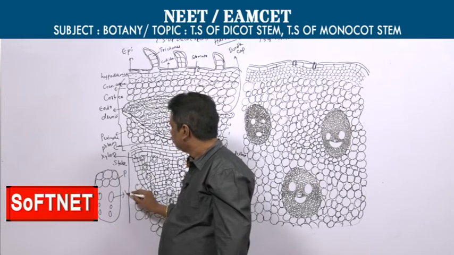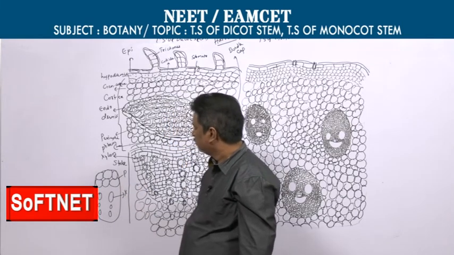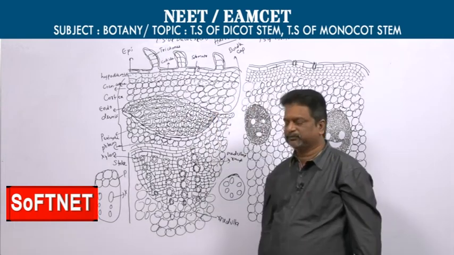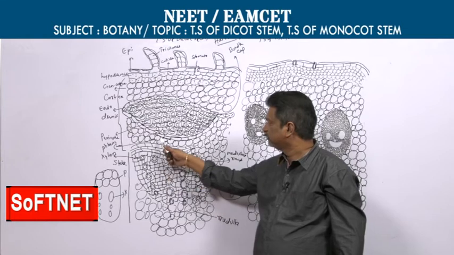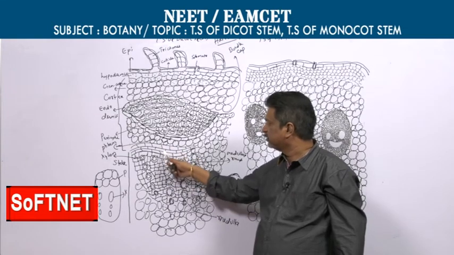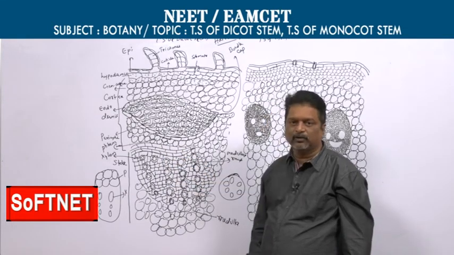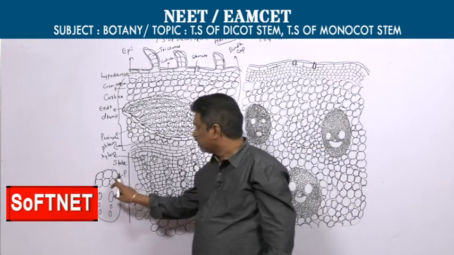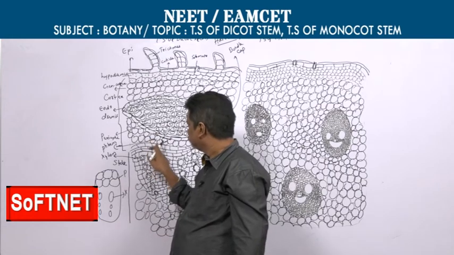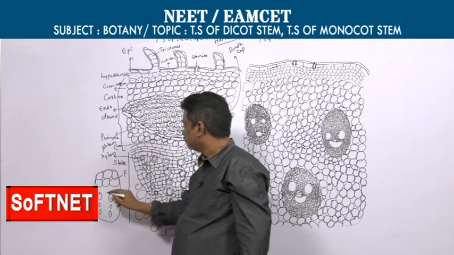But phloem and xylem are present on the same radius, called collateral vascular bundles. Generally, these vascular bundles are joined, called conjoint.